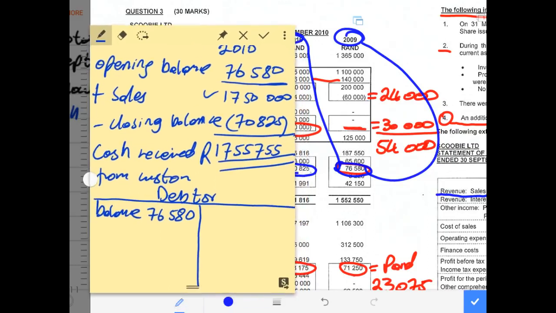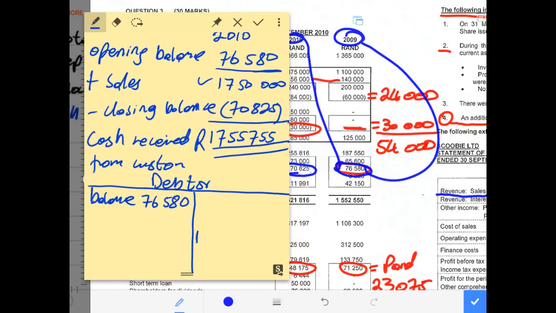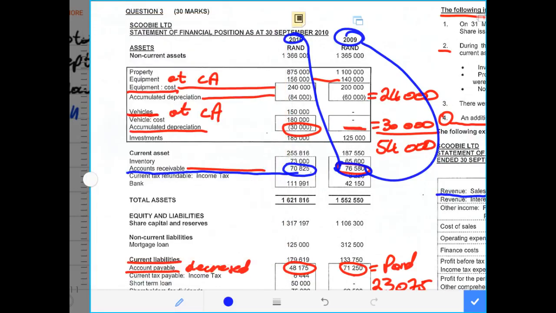Then our closing balance will be balance carried down on the credit side, and that closing balance will be 70,825. Remember, these are the amounts of the account receivables: opening balance, which is closing 2009, and closing balance, which is closing 2010.